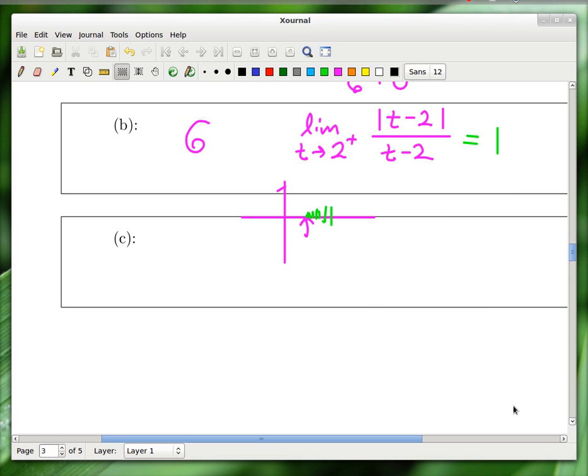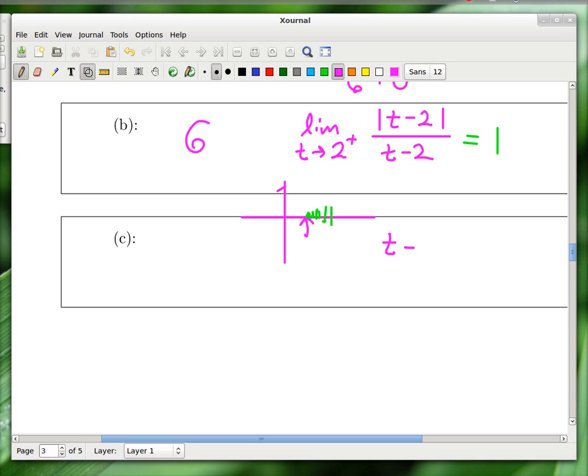So, alright, how do you give a more solid argument for it being 1? You can do it like this. If t is to the right of 2, which it will be because that's what the plus promises, then t minus 2 is always going to be positive. Okay, so if you have something bigger than 2 and take away 2, it's positive. So that means the absolute value signs are not doing anything in that case.